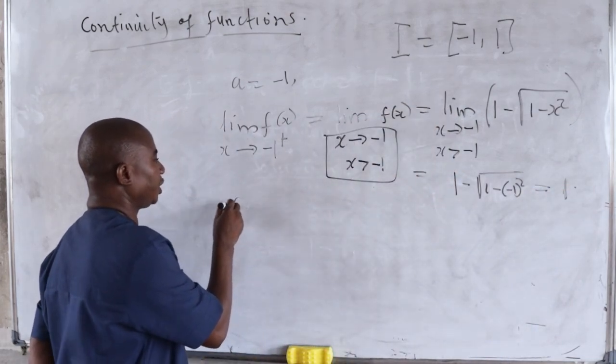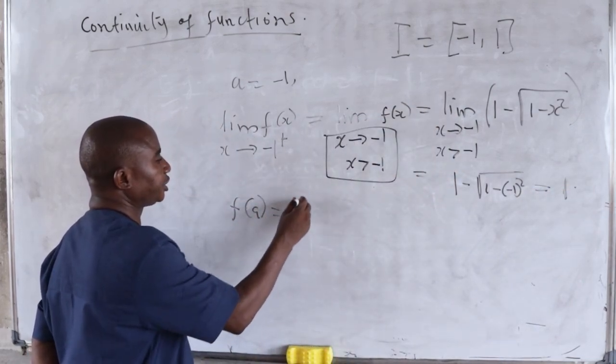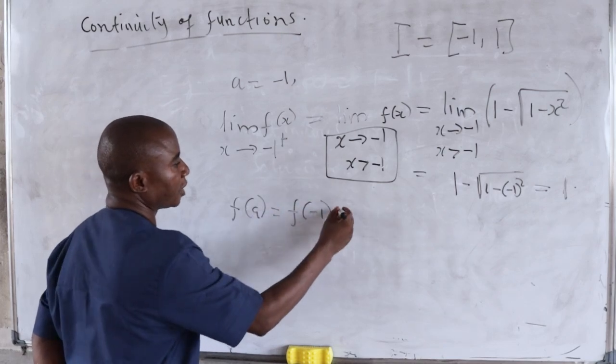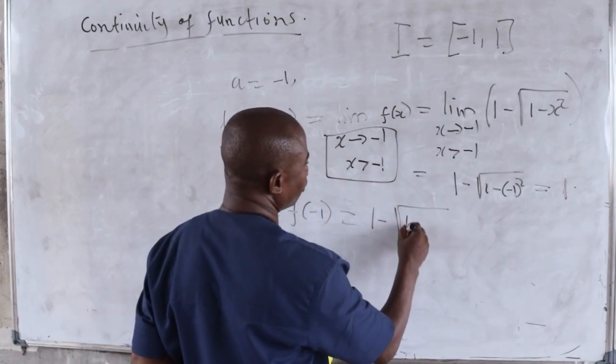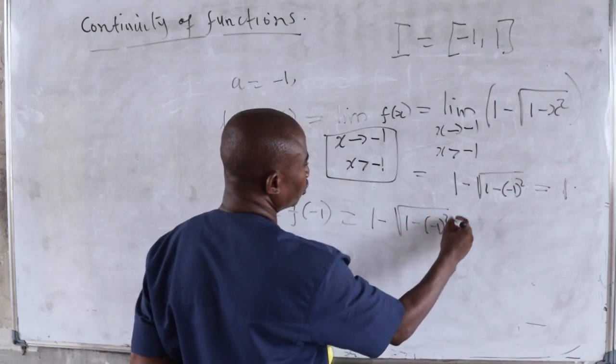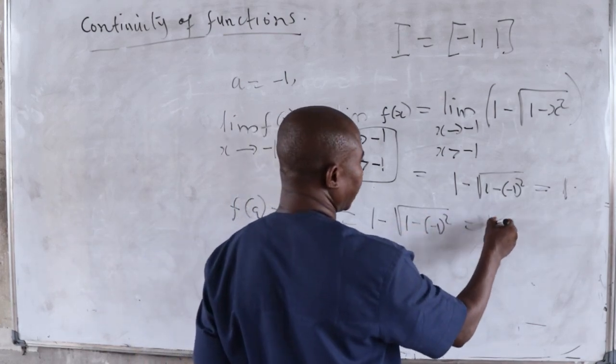Now, who is f of a? This is f of -1. By definition, this is 1 minus the square root of 1 minus (-1) squared, and this will generate 1 again.